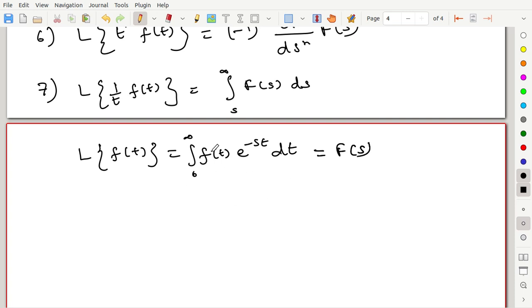If we evaluate this integral with these limits, we will end up with some function of s. So always remember this point. Sometimes it will be confusing how to find this f of s, so we have to find it using this integral. Let's start with a simple problem.